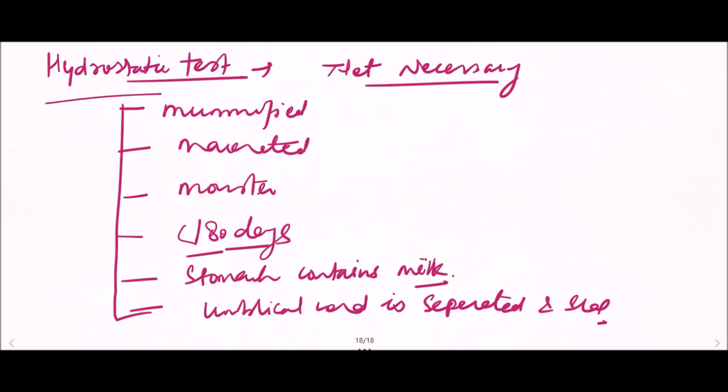So far we have discussed various findings of live birth, various changes in lungs, as well as the different tests related to those changes. Now the microscopic changes in lung. What are microscopic changes?